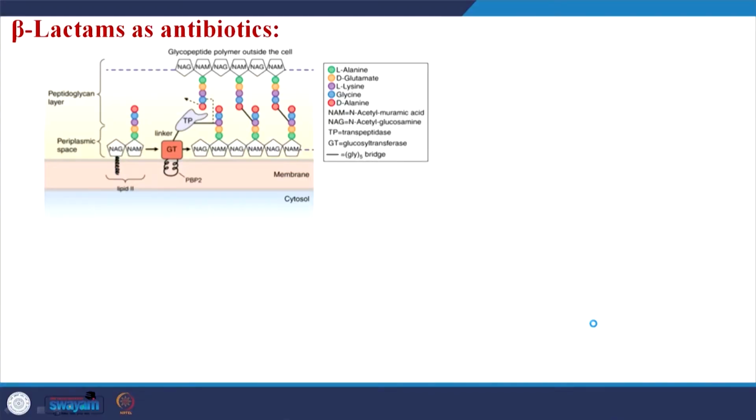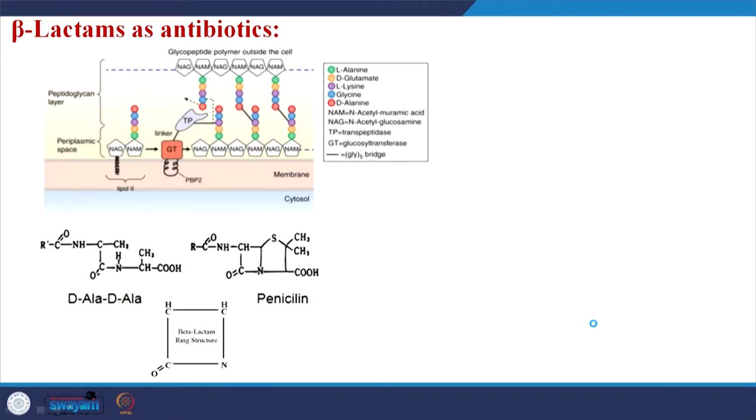So, what is beta lactam? Beta lactams are antibiotics. Why are they so important? I already talked about the peptidoglycan layer. You see there is D-Ala-D-Ala cross linking, and this cross linking is done by an enzyme called transpeptidase.